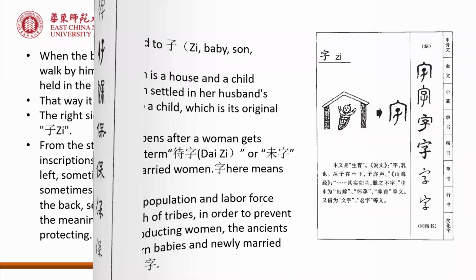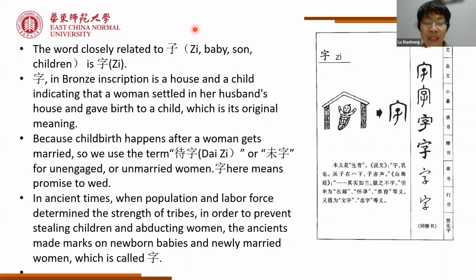Now, the word closely related to 子, which we mentioned means baby or son, is 字. Here is the word 字. In bronze inscription, 字 is a house with a child in it.